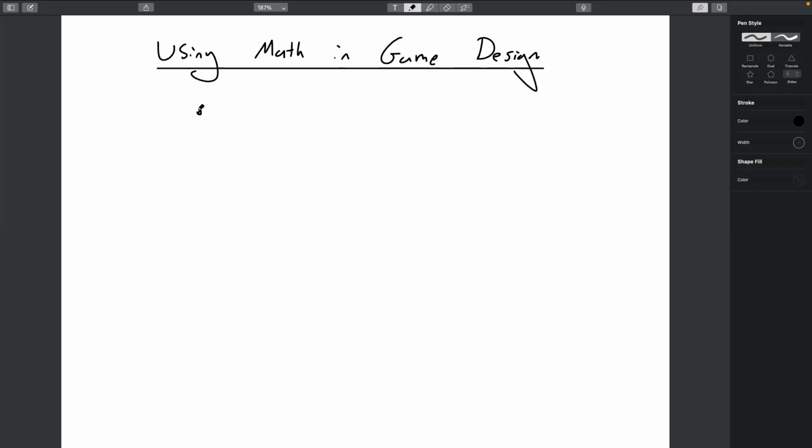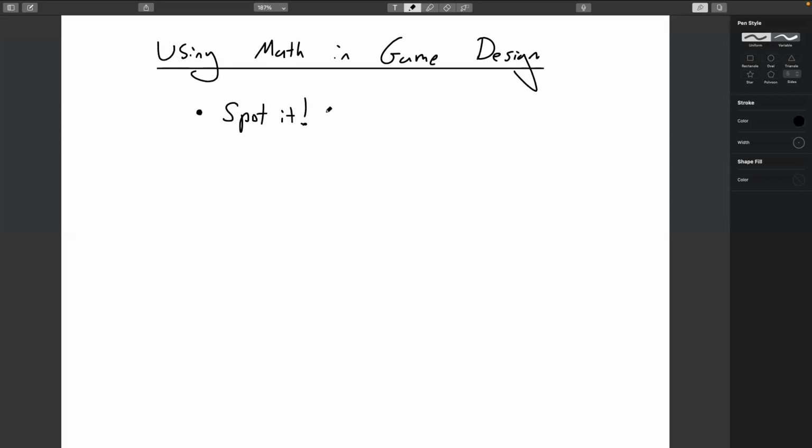A few examples: there's a game called Spot It. Has anyone heard of this game? It's a game that has all of these cards, and it has the surprising property that every pair of cards, so each card has a bunch of symbols on it, has exactly one symbol in common between the two.